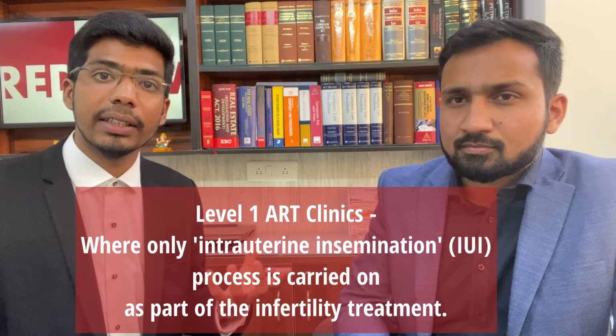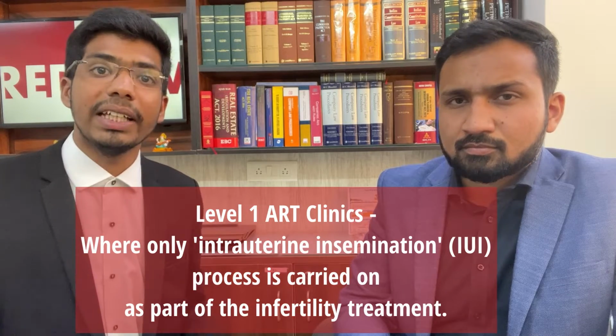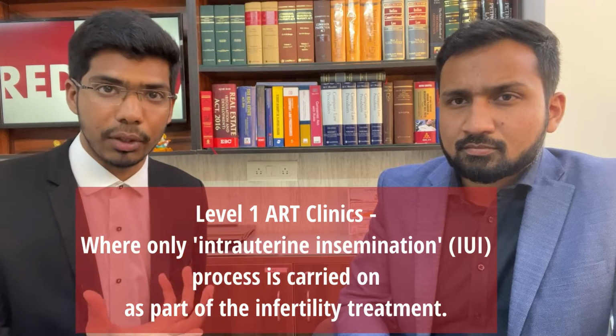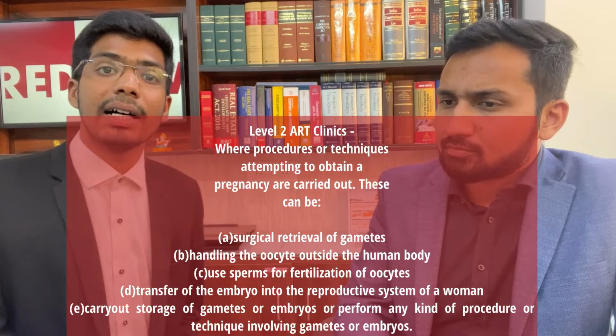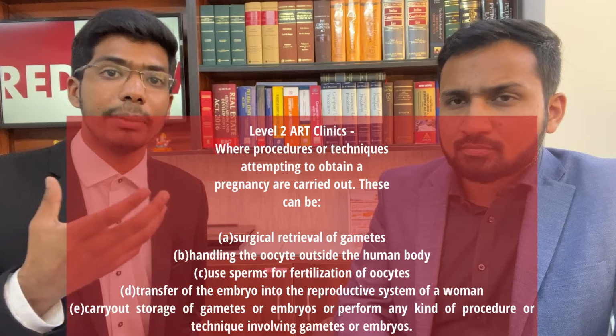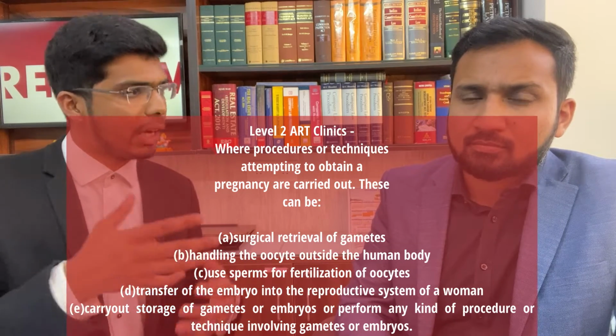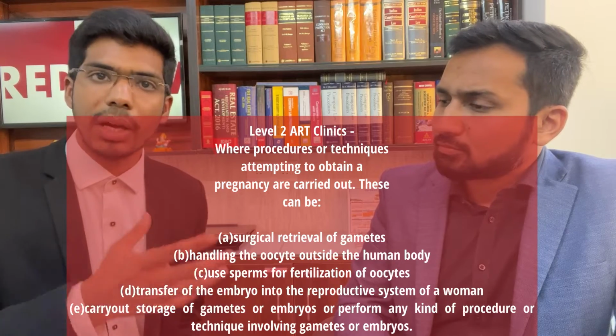Level 1 ART clinics are those which perform the intrauterine insemination process, which is basically a cure for infertility. However, level 2 ART clinics are those which perform techniques that help in obtaining pregnancy through the means of ART. So these are all other techniques apart from IUI.